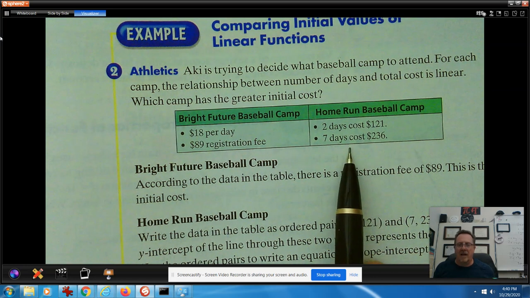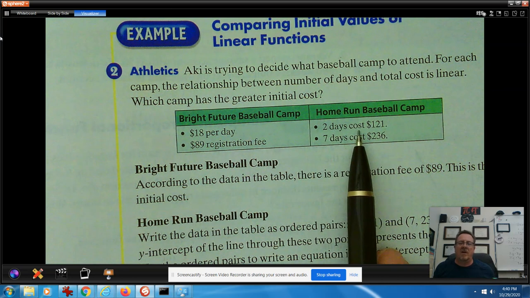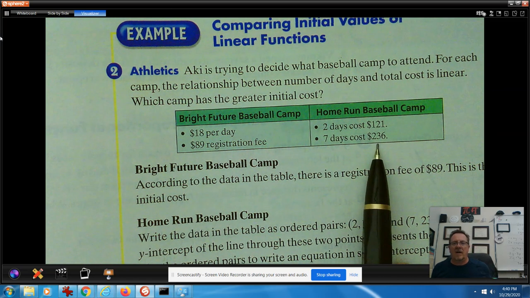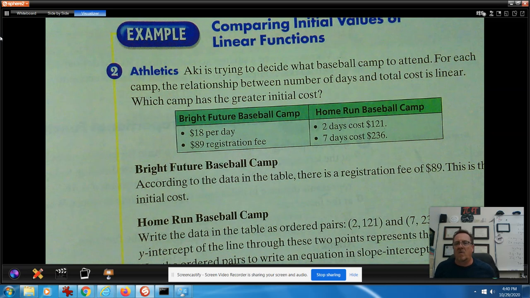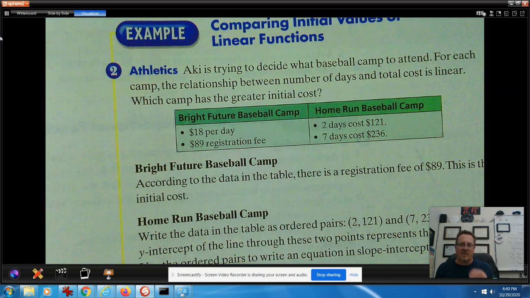The second camp, all you know is that 2 days are going to cost $121 and 7 days costs $236. And we're asked which one is going to have the greater initial cost.